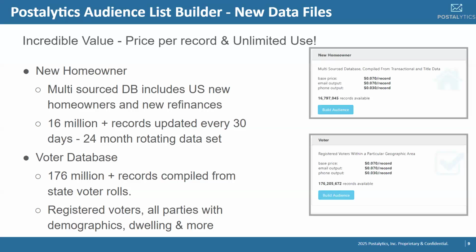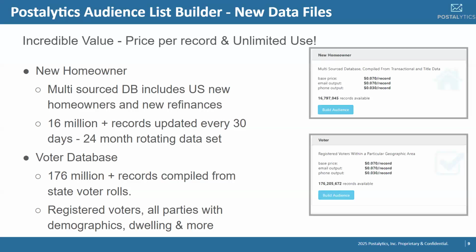And so this voter database is tracking US voters. It's being compiled from all the different states where voters are registering. And you're able to slice and dice this database and break it down by party with lots of demographic, financial information, dwelling information.